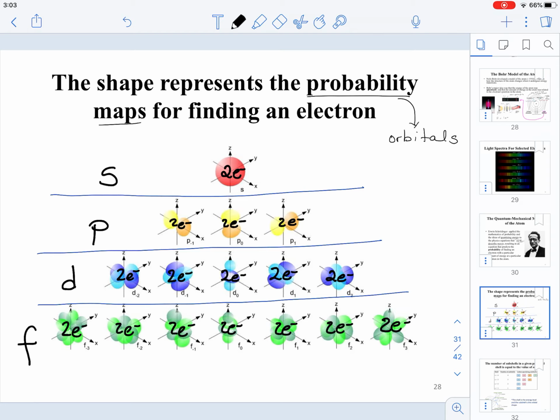So, because of the number of electrons on each of these probability maps or orbitals, we can calculate the maximum number of electrons that can be found on these orbitals.